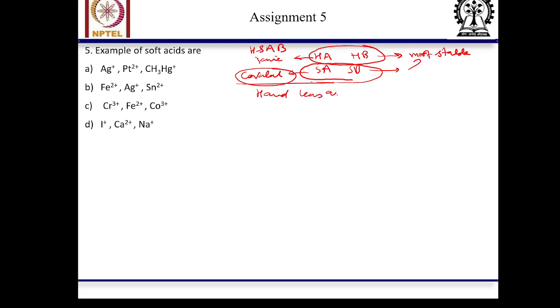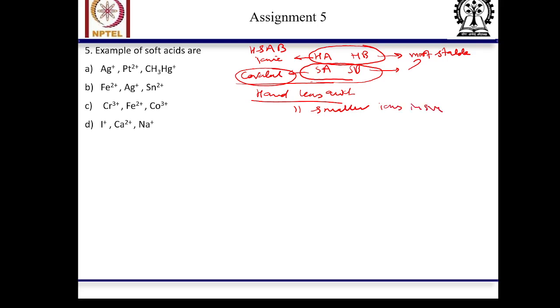The first thing is that they are smaller ions in size.